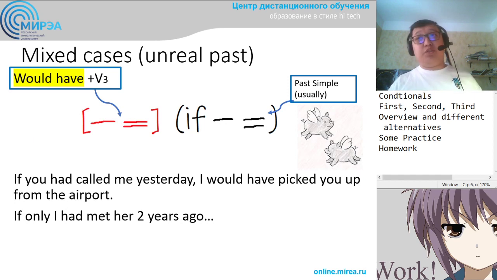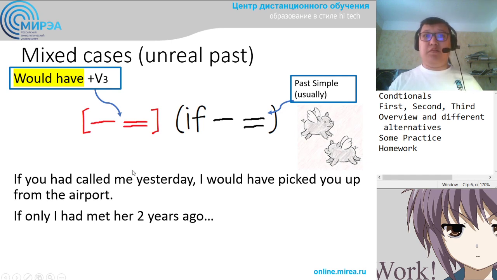So there are also mixed cases when something in the past that you could do differently would affect the present. That's the most common case, and we can use the main part from the third conditional, as you can see, and the second part, the if part, from the second conditional. So would have and past participle here, and just the normal past simple from the second conditional in the if part.